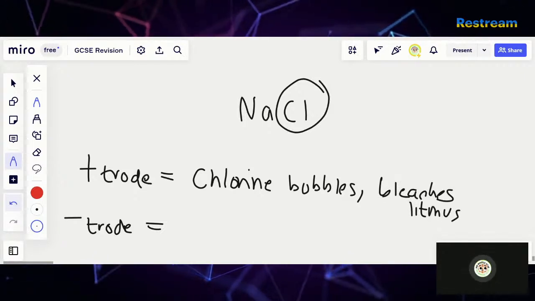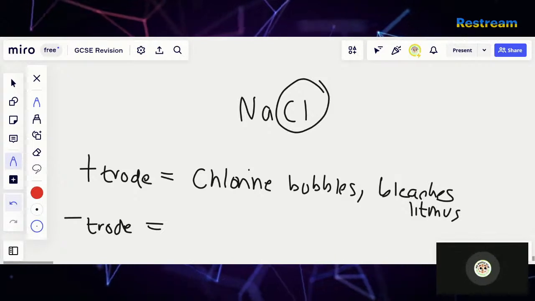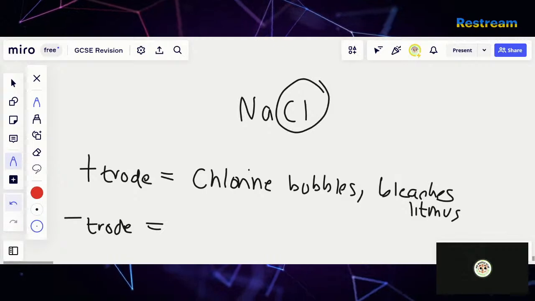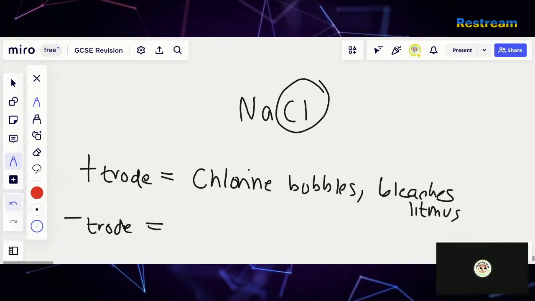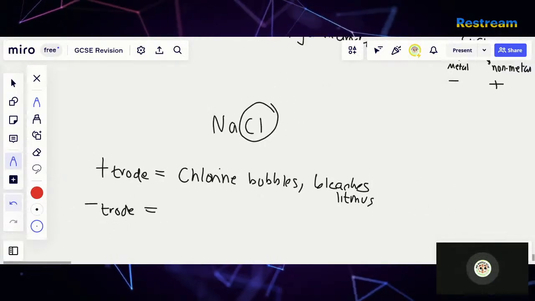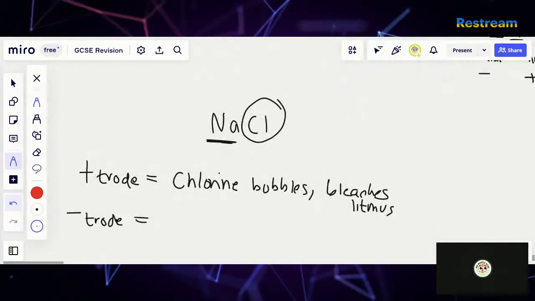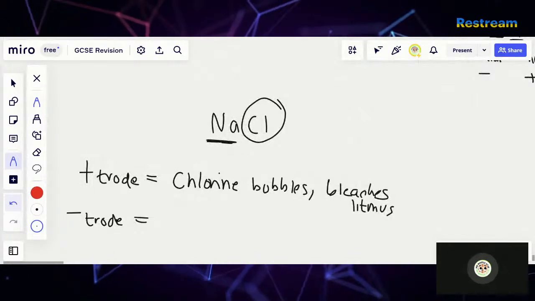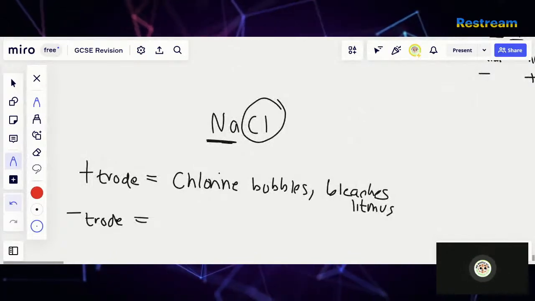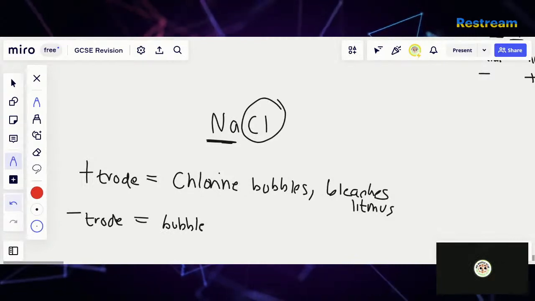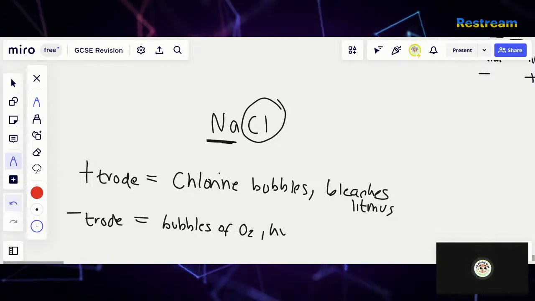Now at the negative electrode, we're going to see the sodium. Now, because it's electrolysis of an aqueous solution, for sodium it's a bit different here. So instead of getting a coating of sodium, you're going to get bubbles of oxygen as well as hydrogen gas.